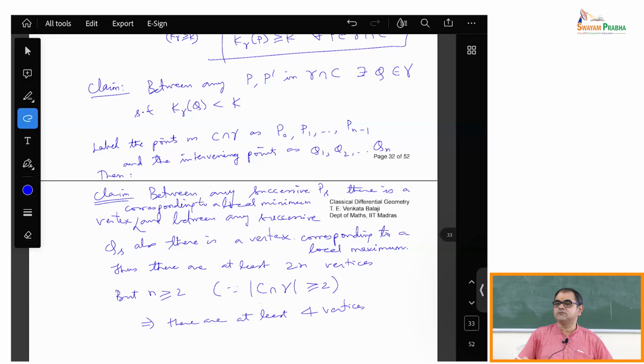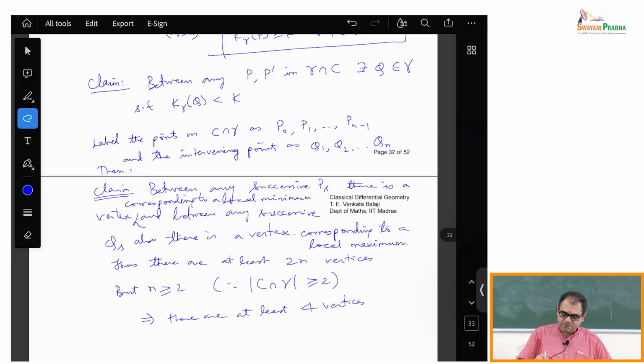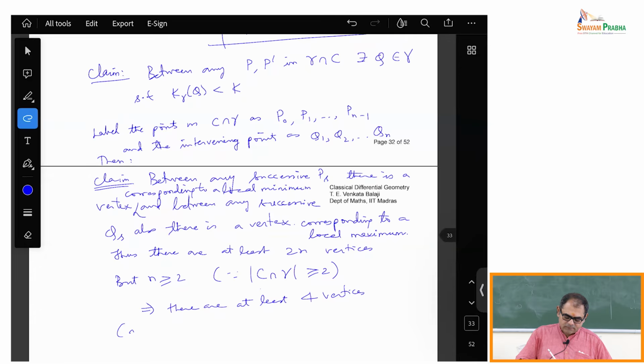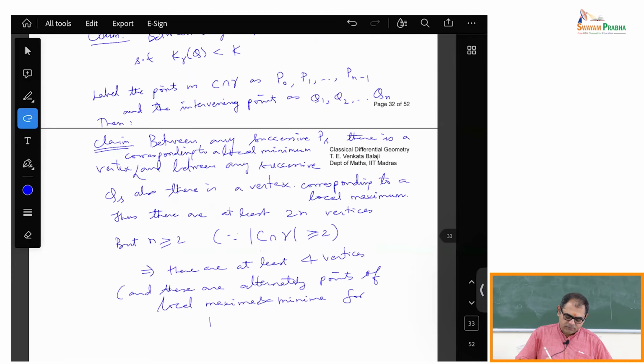And in fact these vertices are alternately points of local maxima and minima for the signed curvature of gamma.